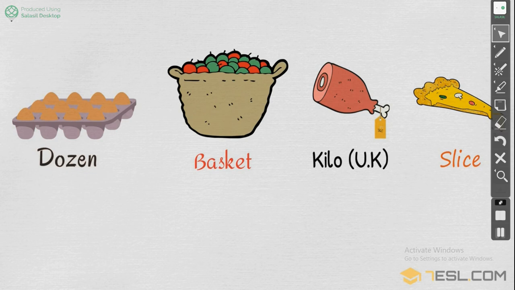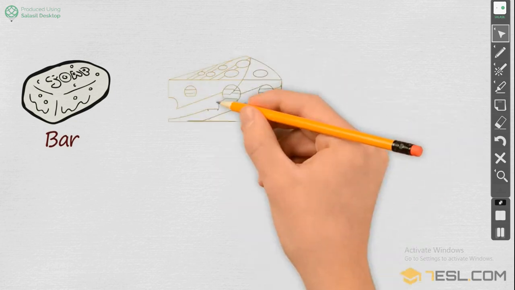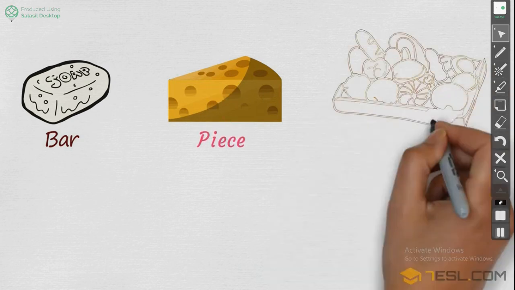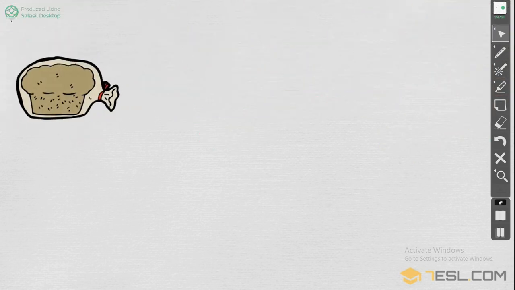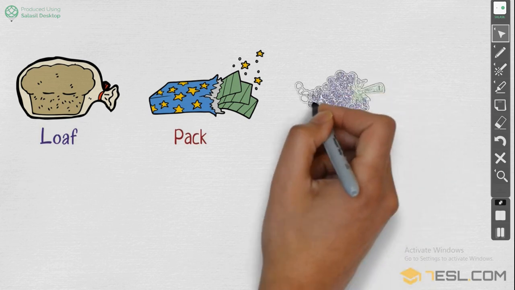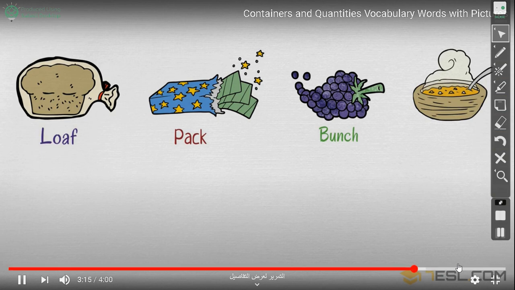Slice. Bar. Piece. Tray. Loaf. Pack. Bunch. Bowl.